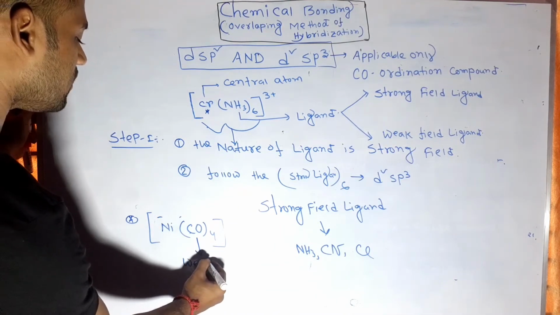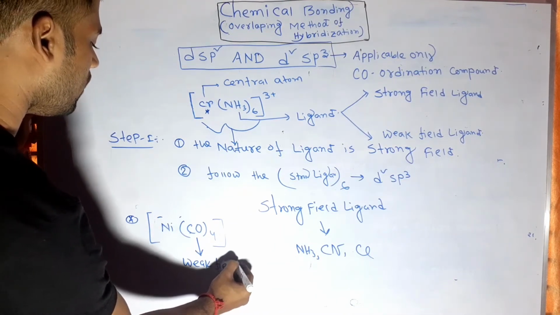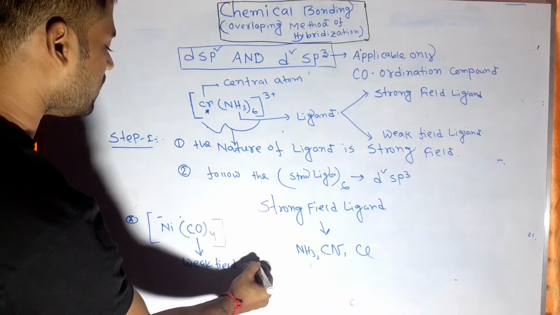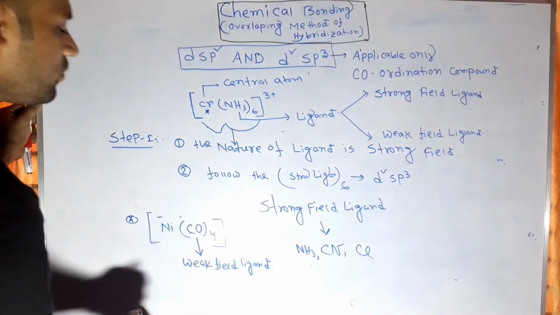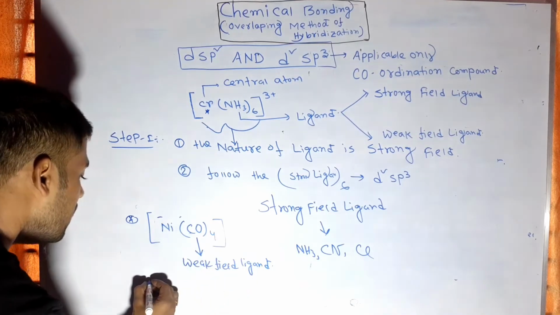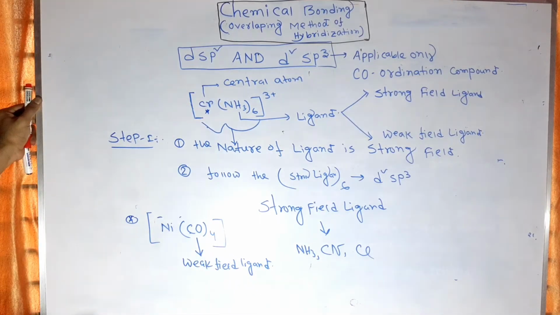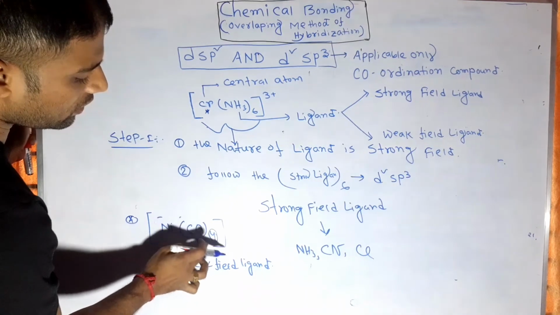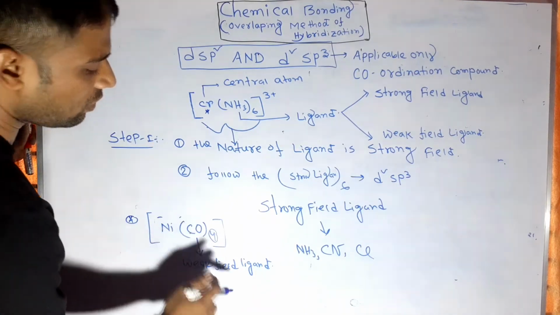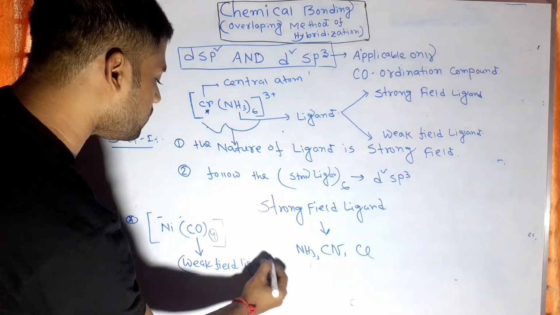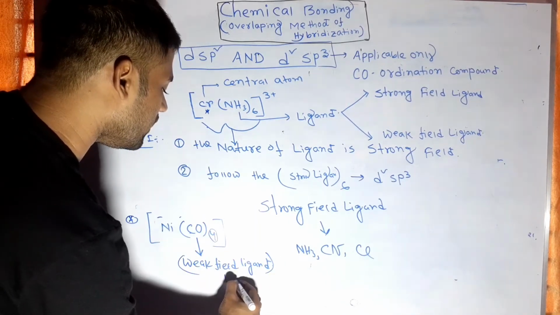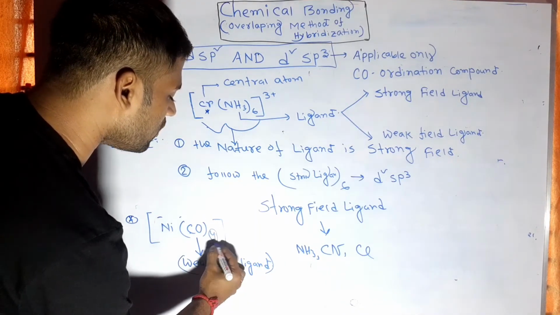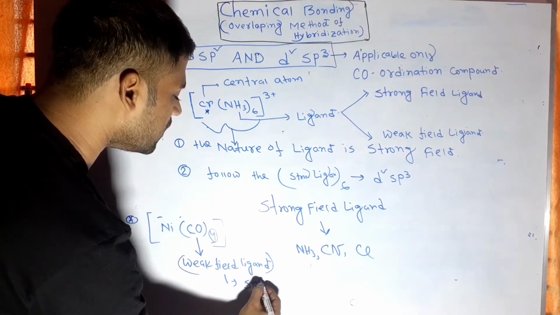Carbon monoxide is a weak field ligand. If the ligand is weak field, then first follow the number of ligands, number 4. If a weak field ligand is present in the coordination sphere, then the hybridization is normal hybridization. That means for number 4, it is sp3 hybridization.